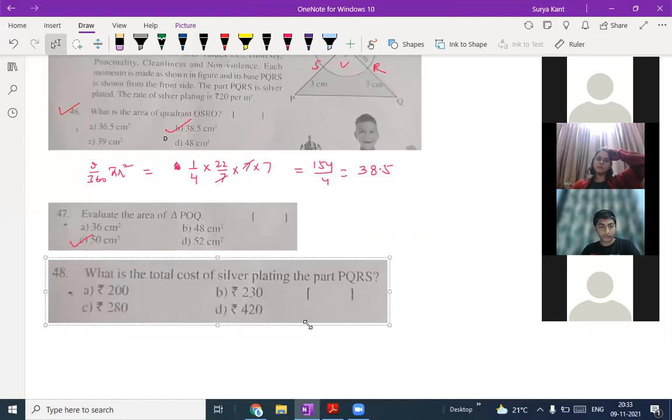So what is the total cost of silver plating the part PQRS? Write in the chat box. It should not take more than 10 seconds if you have solved the first and second. This is based on the first and second questions only. Did you understand this?